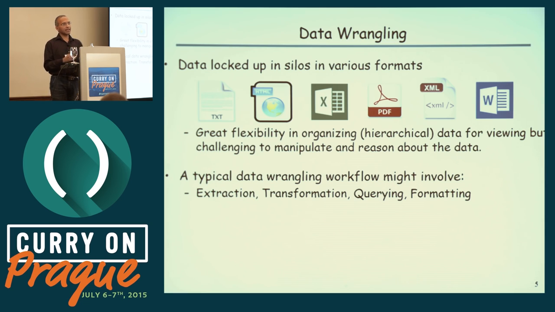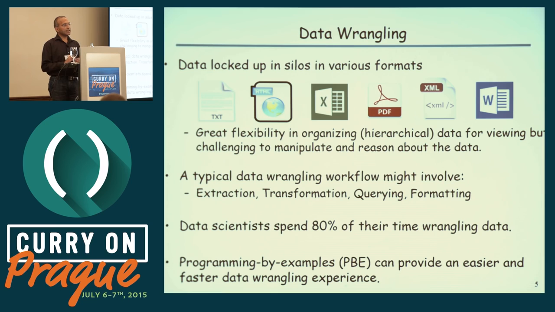So a typical data wrangling workflow involves extracting data from its existing semi-structured format, maybe possibly transforming it, which is the kind of thing that I just showed you a demo of, then querying it and maybe reformatting it. So data scientists typically spend 80% of their time doing these kinds of data wrangling tasks. And we hope that programming by example can provide a much easier and faster route to doing these, as opposed to writing scripts.